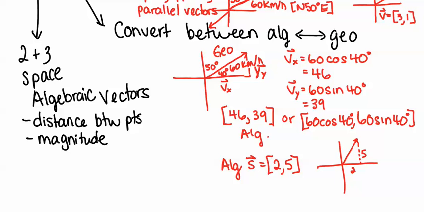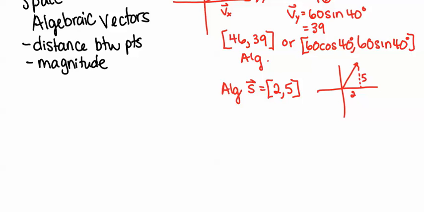We can just use the Pythagorean theorem to get the magnitude of that vector, which will help us get our geometric one. The magnitude is 2 squared plus 5 squared, which is root 29. You can leave it like that, or you can write it as 5.4.